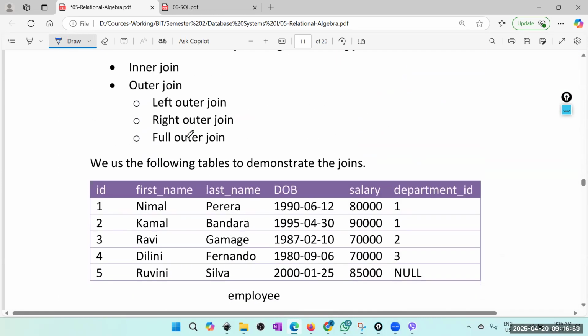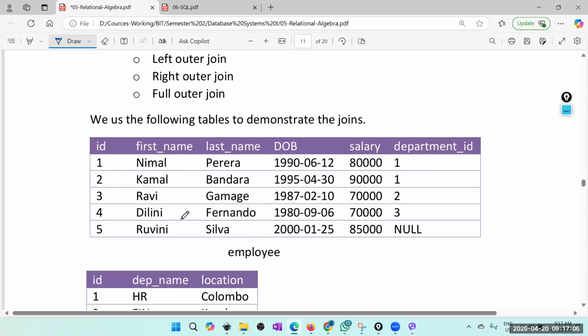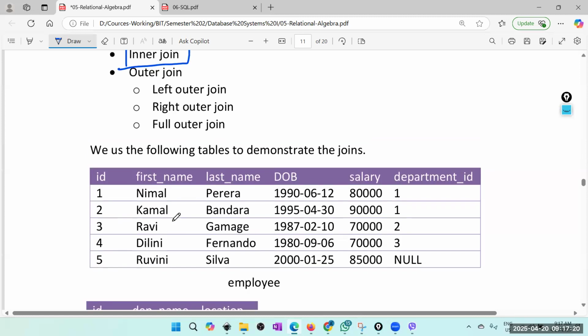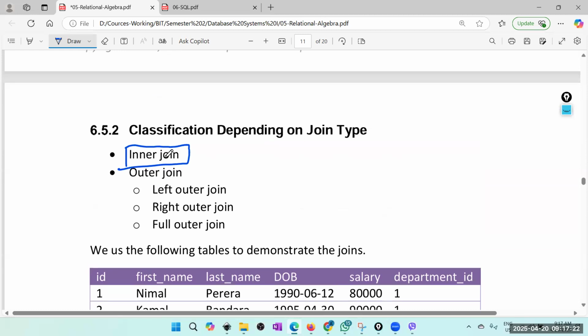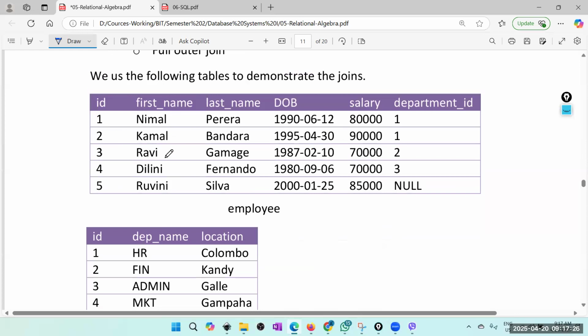What is meant by inner join? Say we have two data sets. They must be related, not necessarily the same data, but related, like employee and department, student and course. So we can do joins only for related data. Inner join means we take only related data.